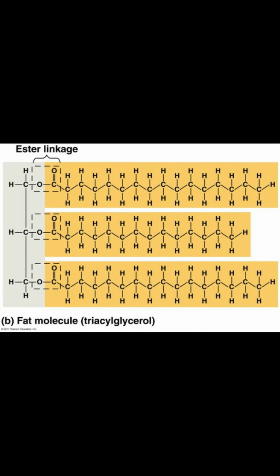Now, there are 3 different types of fat that we really consume: triglycerides, phospholipids such as cell membranes, and sterols like cholesterol. Now, 98% of all the fats we consume are triglycerides, so that's really the one I want to focus on. A triglyceride, tri, meaning there are 3 fatty acids on a glycerol backbone.